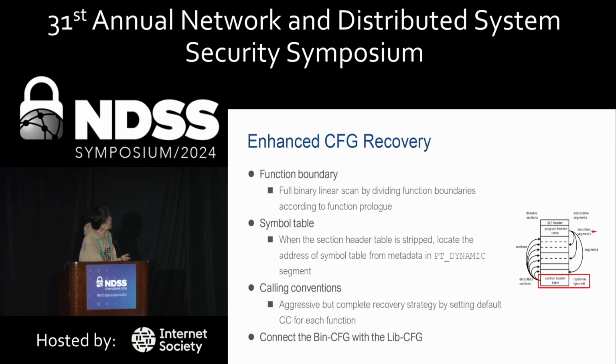Okay, next page. We enhance existing control flow graph recovery solutions from the perspective of practicability. First, HermeScan scans the full disassembled binary to recognize function boundaries by matching the features of the function prologue.